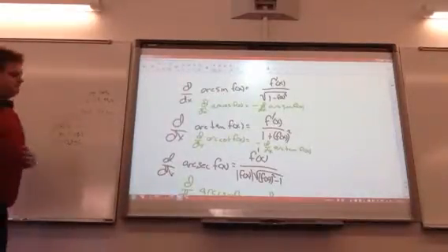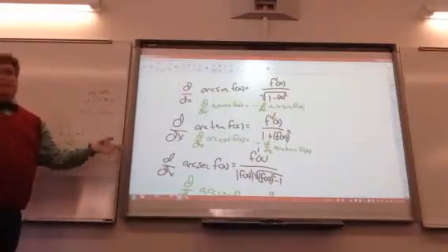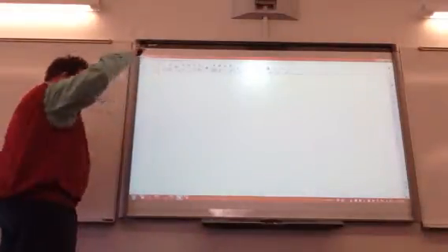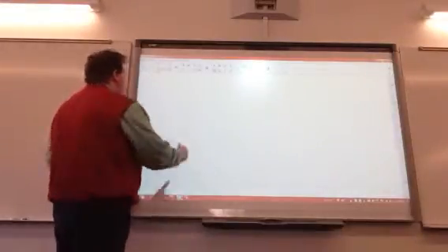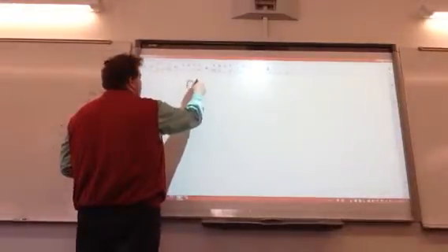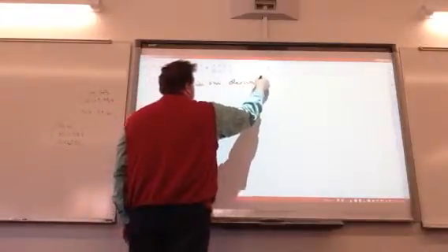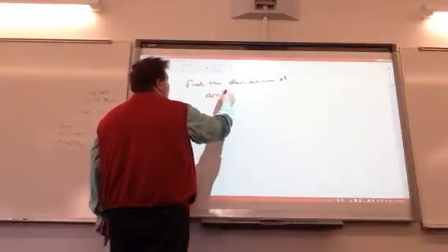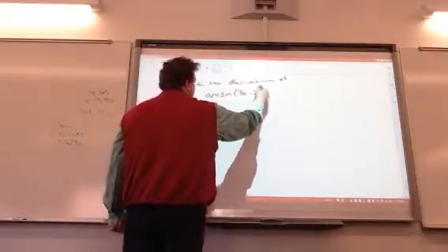All right. Let's look at a quick example of how something like this would be handled. A common example of this might be something like find the derivative of the arc sine of 3x minus 2.